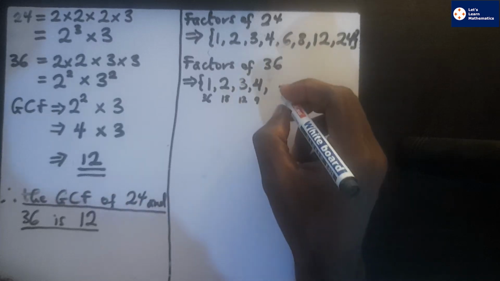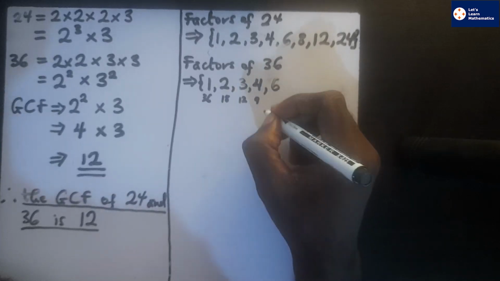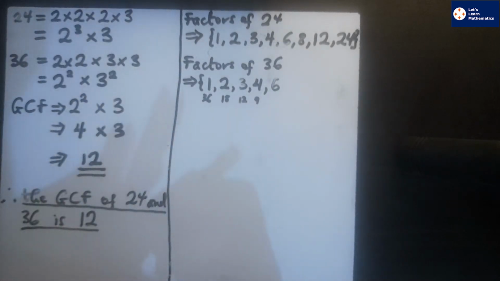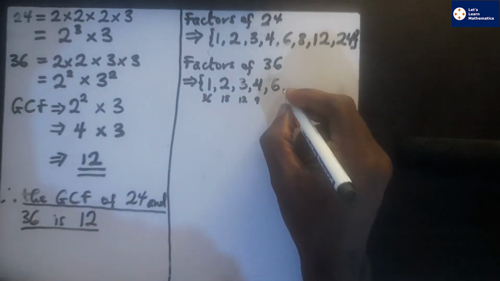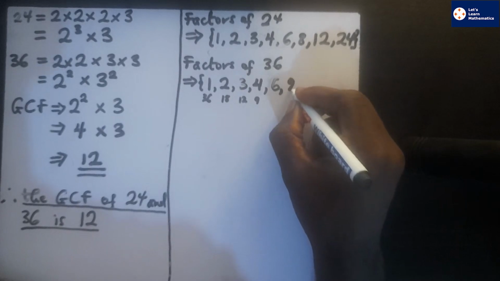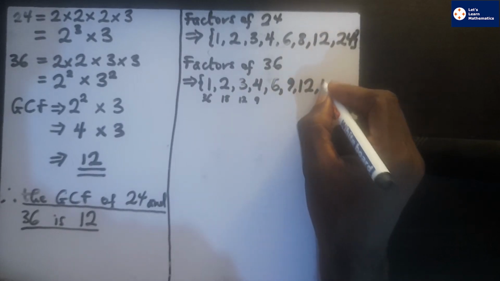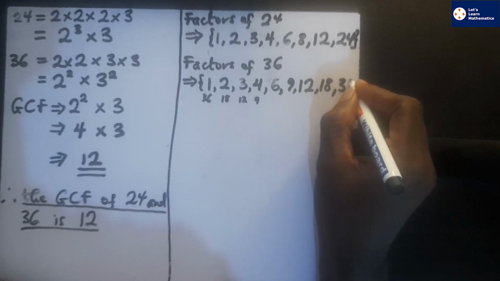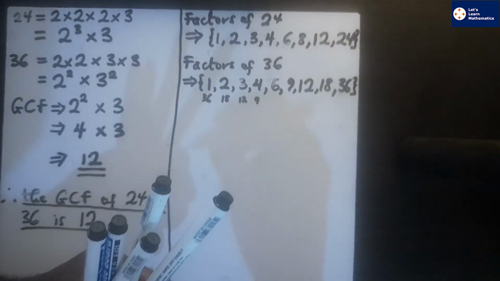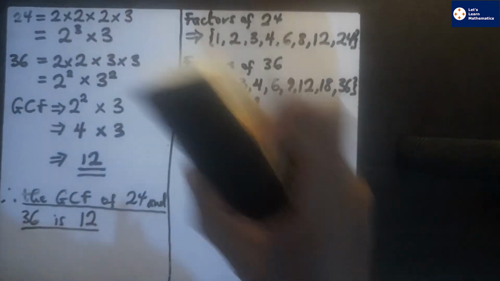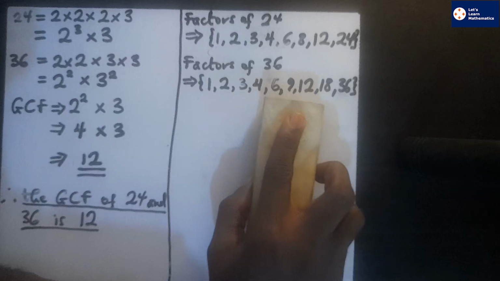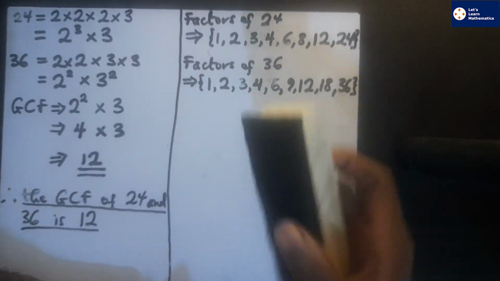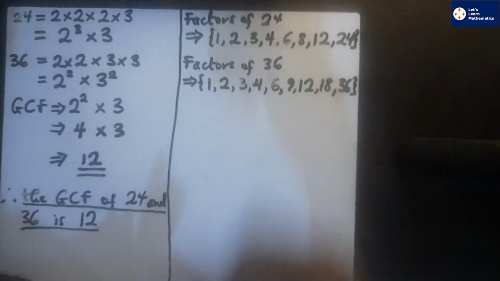Then we have 6 times itself, which gives us 36, because 36 is a square number and its square root is 6. So the rest is what we have at the bottom here: 9, 12, 18, and the number itself. Every number is a factor of itself, and 1 is a factor of every number.